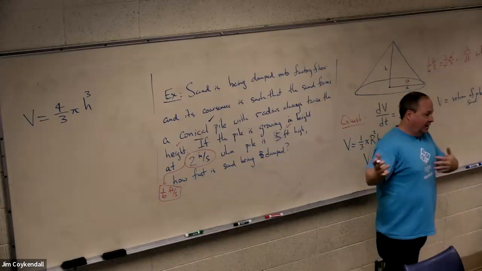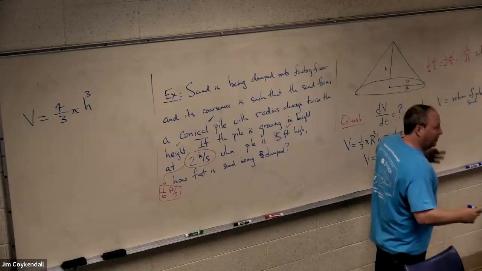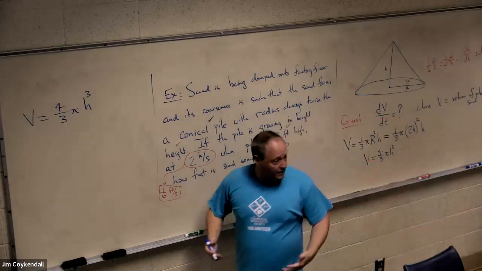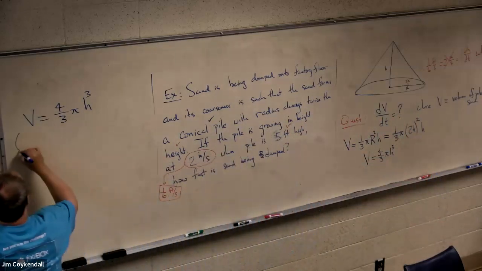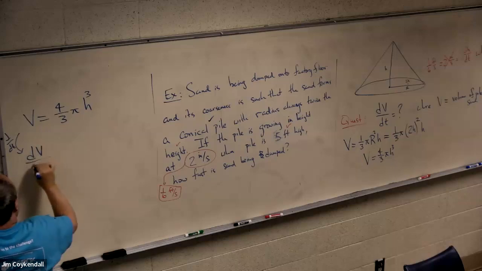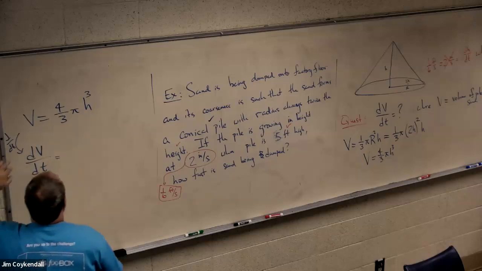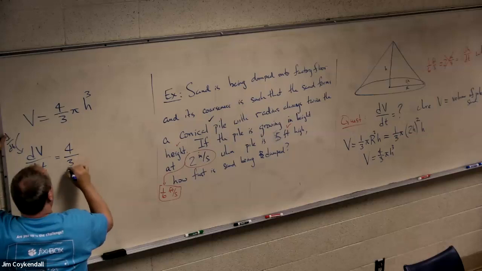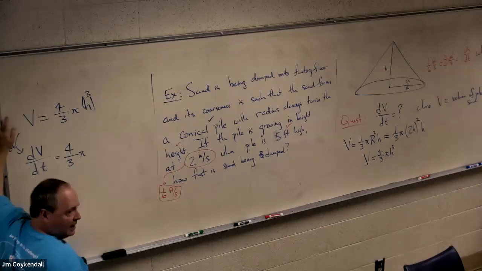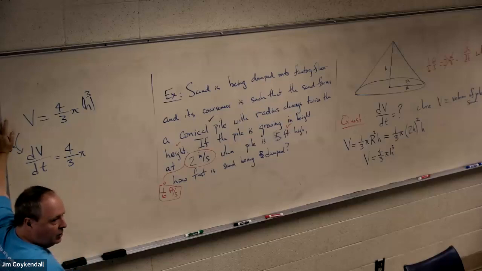This is the formula that relates variables, and the rates are going to put the thing in derivatives. We want the d/dt. So let's d/dt this one. And I get dV/dt is equal to 4/3 pi, and I get to take the derivative of h cubed. What's the derivative of blob cubed?